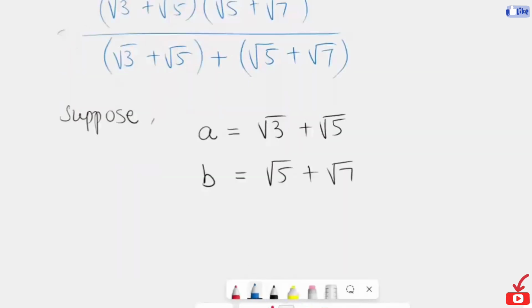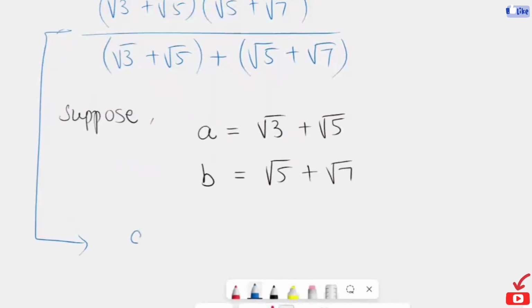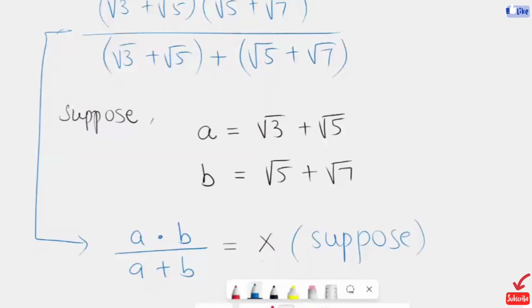This equation turns to a times b over a plus b is equal to, here I suppose this whole expression equals x.